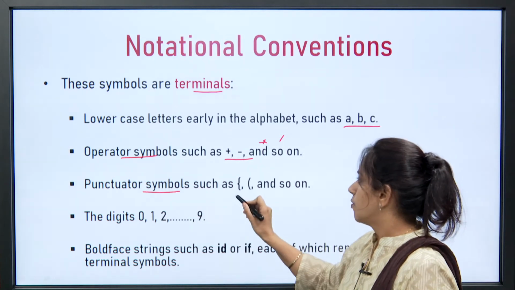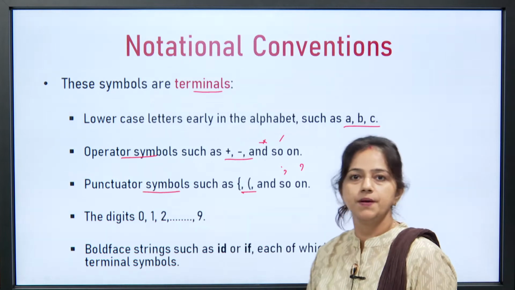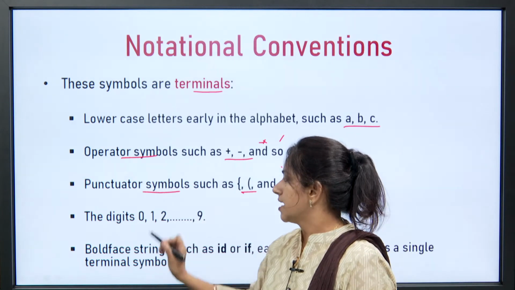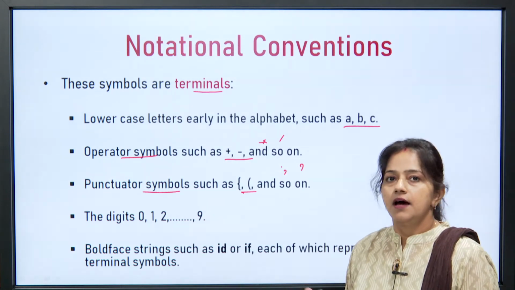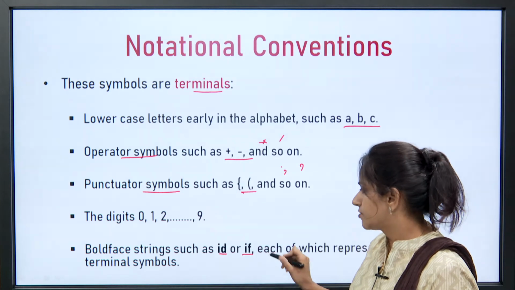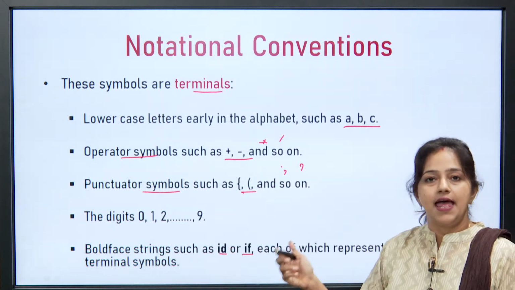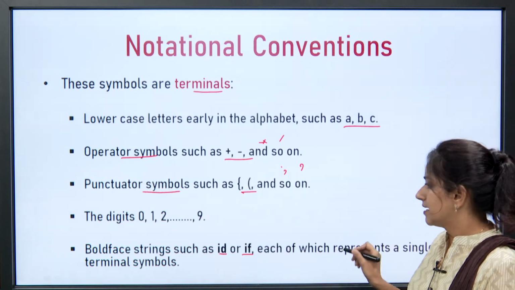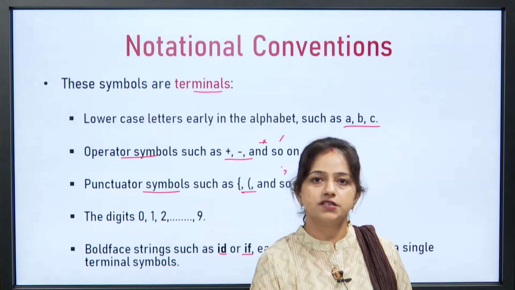Punctuator symbols like opening parenthesis, closing parenthesis, semicolon, comma can all be terminals. Digits like 0, 1, 2 up to 9 can be terminals. Now, boldface strings: suppose we have some strings, we write them in boldface like id, if, else, then. These boldface strings can be used to denote terminals.